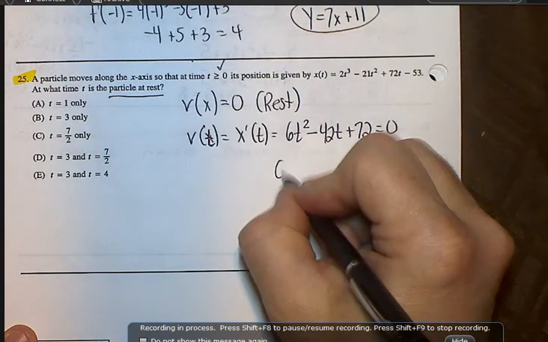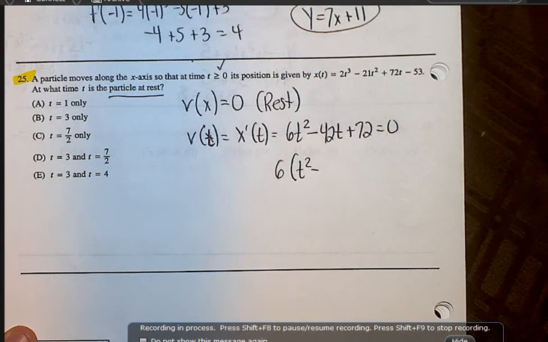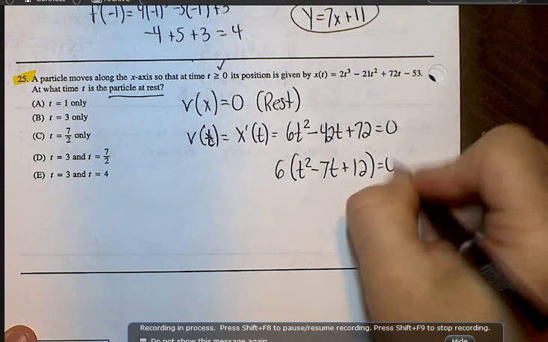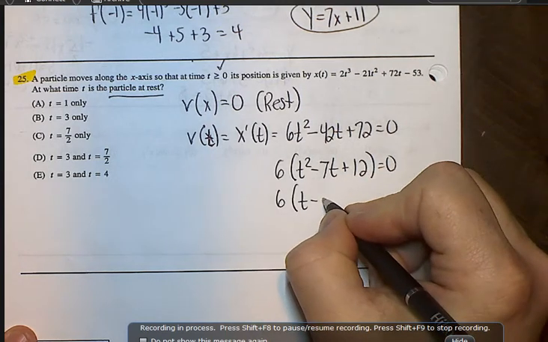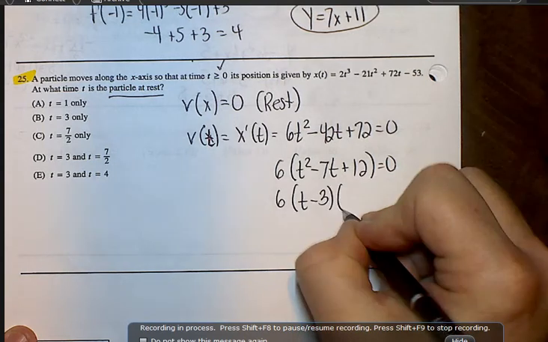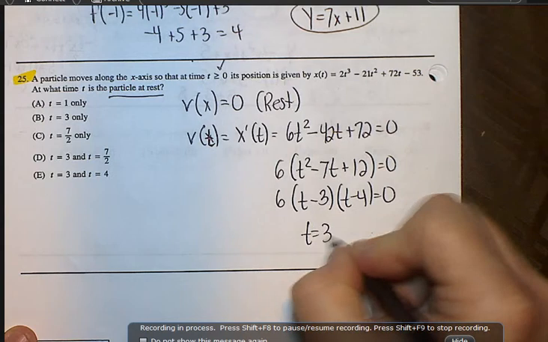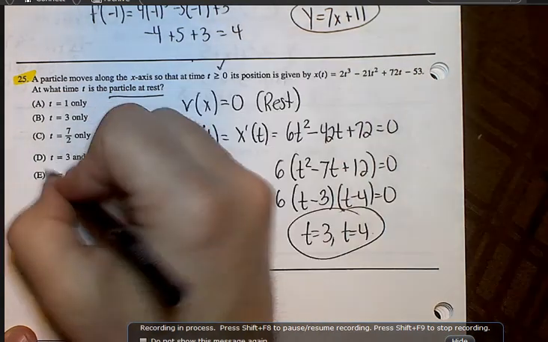If I take out a 6, that's t squared minus, and then I believe we get 7t plus 12. So we're going to get 6 times (t minus 3)(t minus 4) equals 0. So you're going to get t equals 3 and t equals 4. The particle is going to be at rest. Choice C.